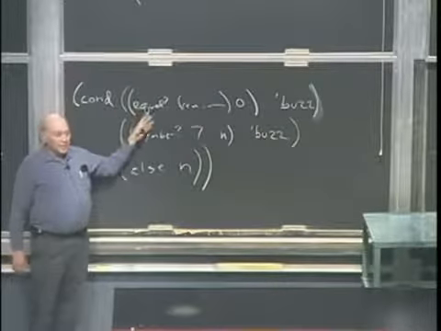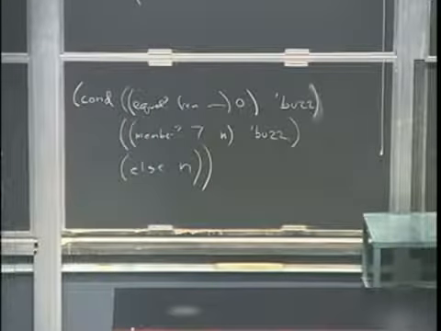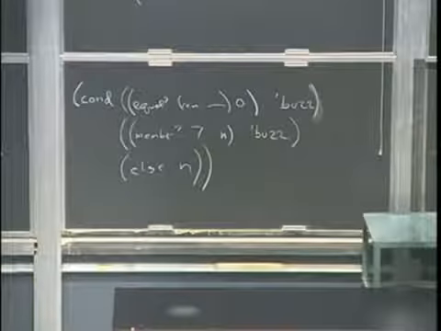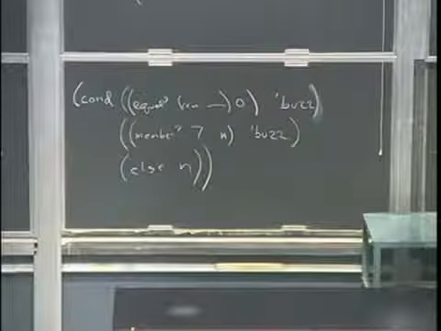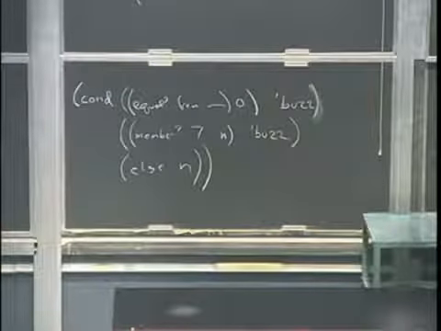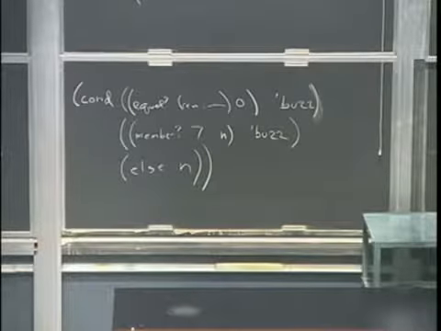So if none of the other things work, then we do that. So the order of clauses within a cond matters. For example, if you're doing base cases for a recursion, the base case tests have to come before the thing that does a recursive call. Otherwise, you won't find out that it's the base case.